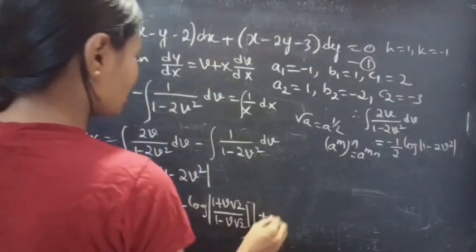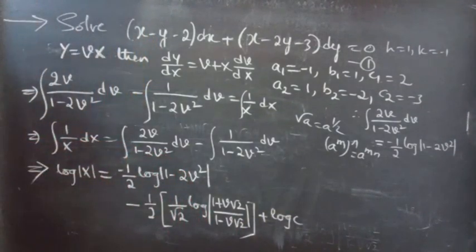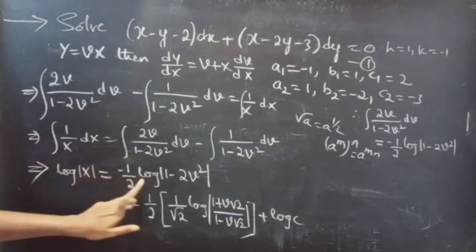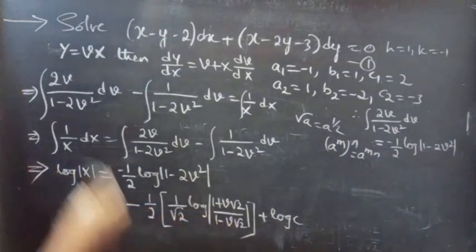log c. Since c being constant, we can write log c instead of c. Okay? Log c is also a constant. So you're having all the three terms in log, so we'll write integral constant as log c.